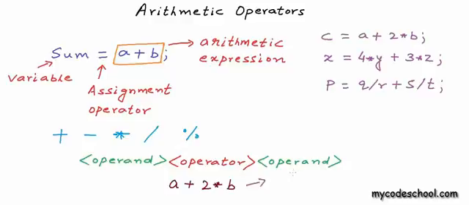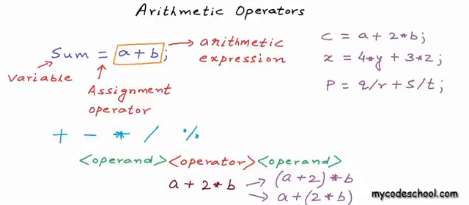If we are performing the addition first, then for addition the operands are a and 2, and for multiplication the operands are a plus 2 and b. But if we are performing the multiplication first, then the operands for multiplication would be 2 and b, and the operands for addition would be a and this expression 2 into b.